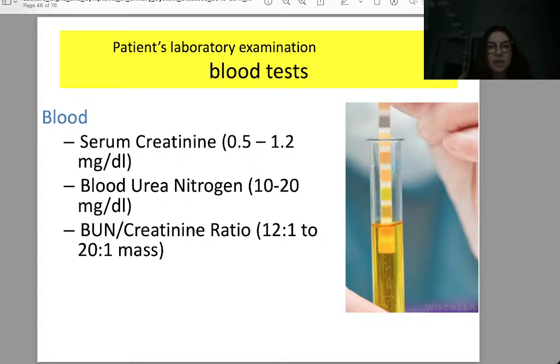Laboratory examination. In blood tests, we check the most important things. It is serum creatinine. It has to be from 0.5 to 1.2. Blood urea nitrogen from 10 to 20, and blood urea nitrogen to creatinine ratio. It has to be 12 to 1 up to 20 to 1.